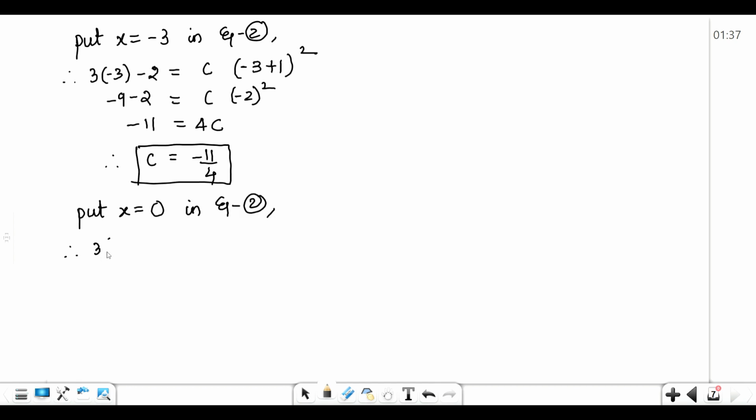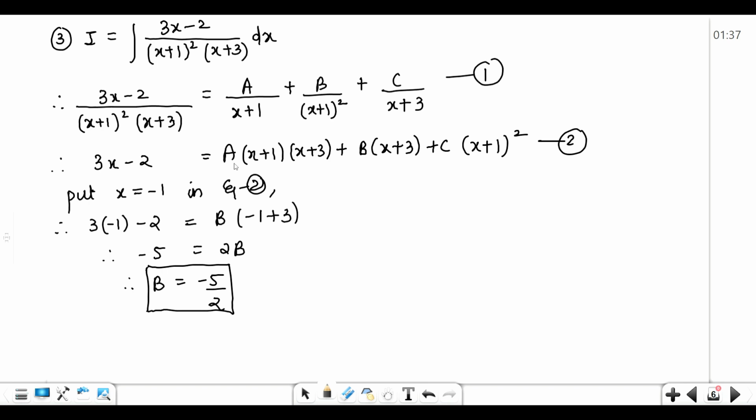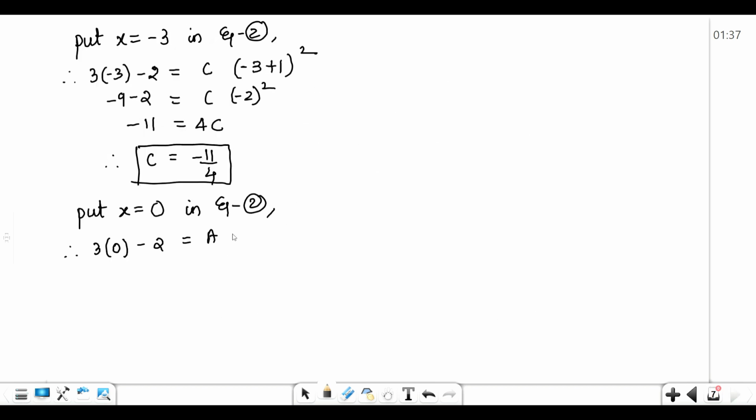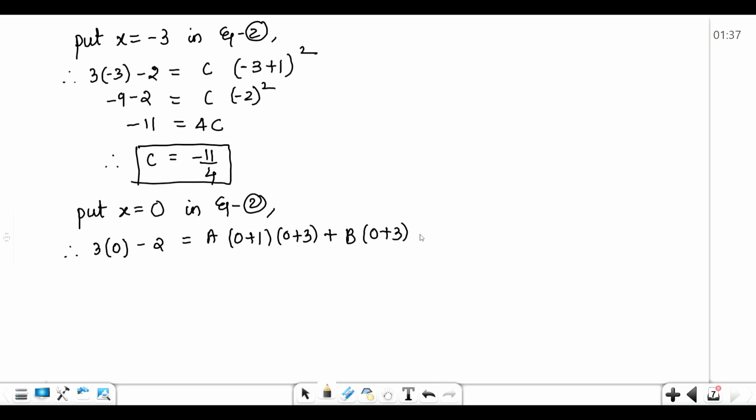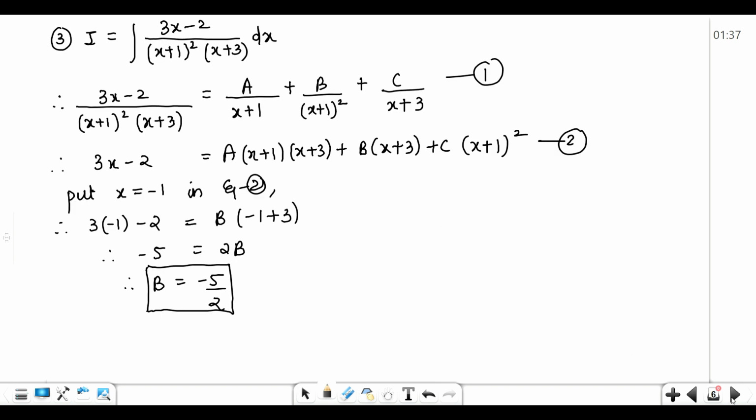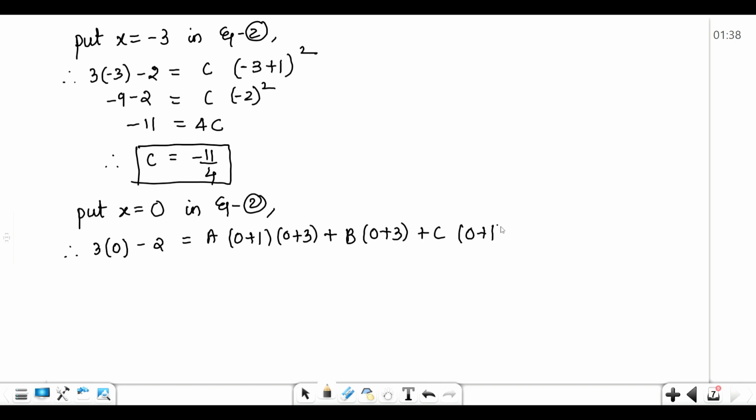That will give you 3 times 0 minus 2 equal to A times (0 plus 1)(0 plus 3) plus B times (0 plus 3) plus C times (0 plus 1) the whole square. So this will be 3A, 3B and C, and the left side will be minus 2.